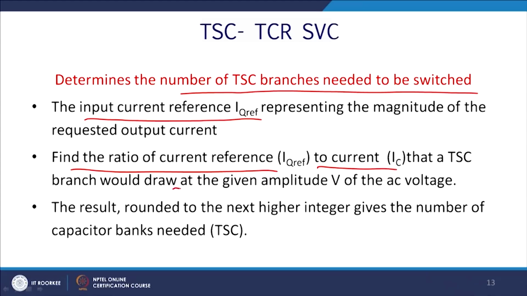Then you turn on 6 such banks, and the fraction part will be compensated by the TCR, and that TCR branch will draw current at the given amplitude V of the AC voltage. The result is rounded to the next higher integer, and this number of capacitor banks is switched.